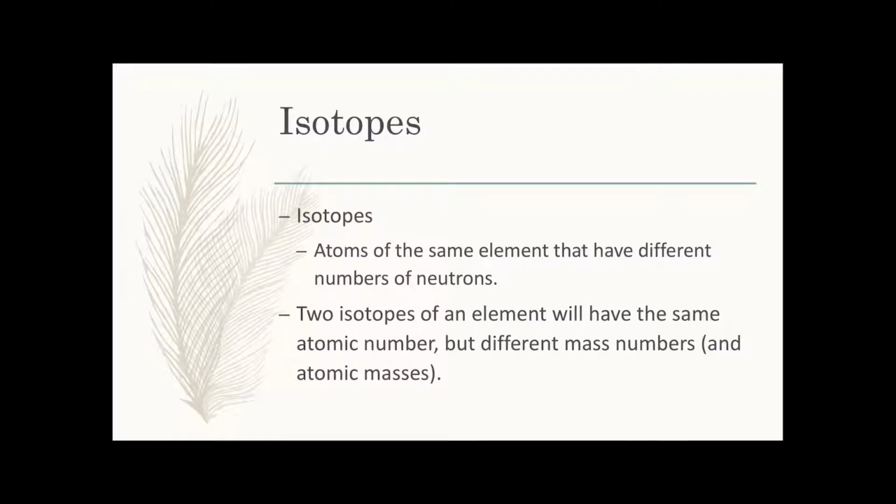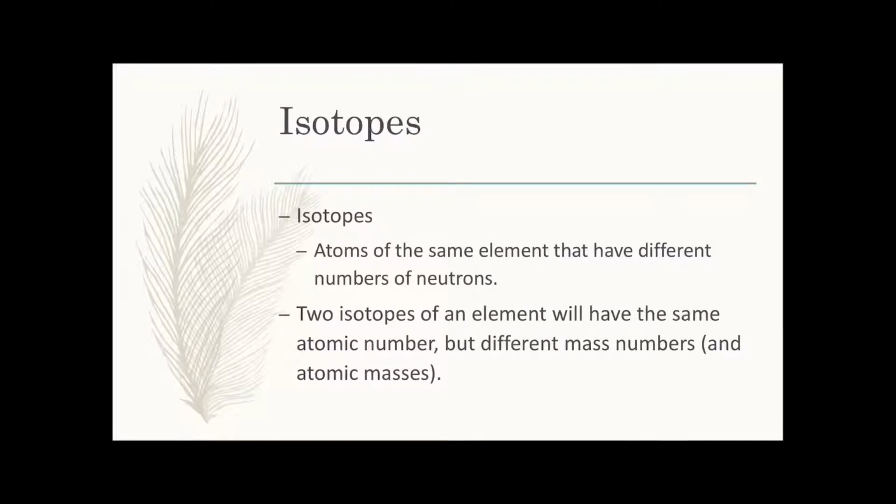All right, so isotopes. This is an atom that has the same element but a different number of neutrons. So it has the same number of protons, the same number of electrons, but the neutrons are different. So two isotopes of an element will have the same atomic number, but they'll have different masses.